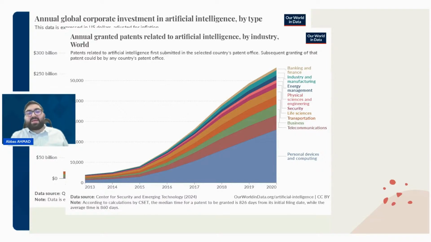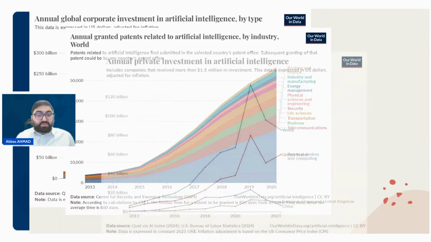We can see that the number of patents related to artificial intelligence, in this picture, spans across all the different industries, whether it be security, finance, energy, transportation, telecommunication. Really, all of the industrial sectors are part of this huge push towards artificial intelligence.